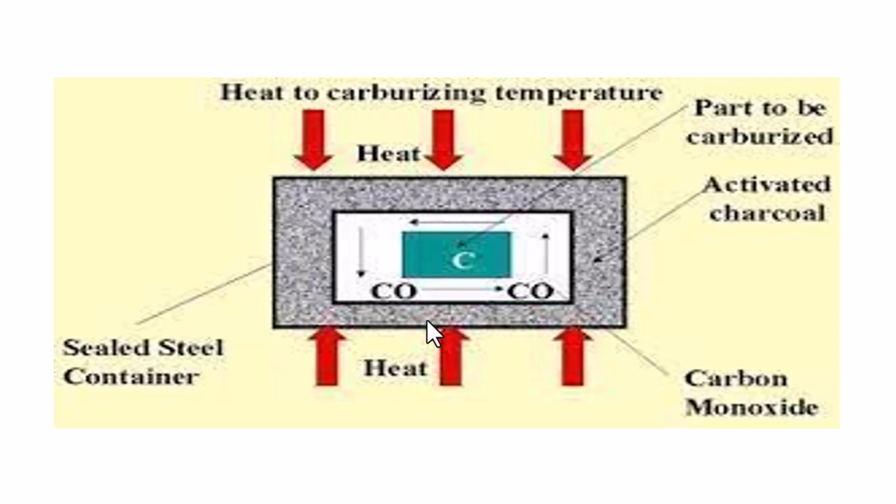Similarly nitriding takes place. In nitriding, nitrogen diffuses into the component surface. In cyaniding, we use sodium cyanide, and nitrogen and carbon diffuse into the surface of the material. Carbon and nitrogen increase the hardness of the surface.